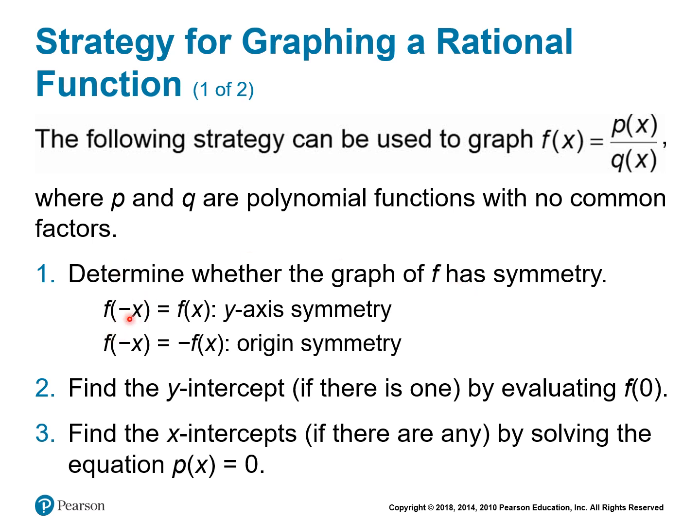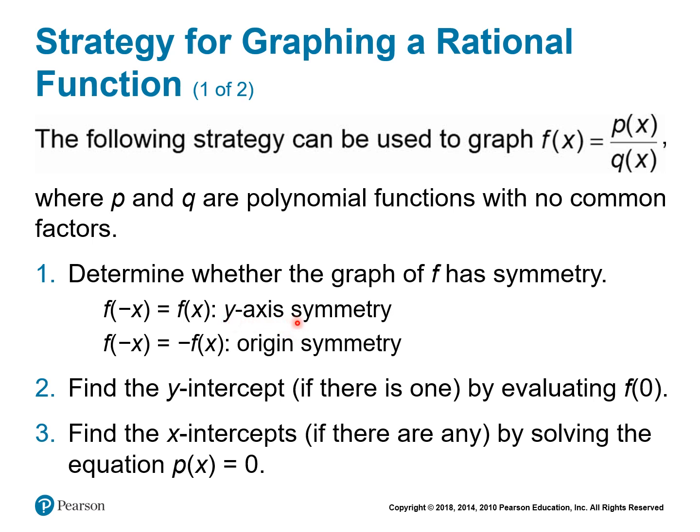How do we do that? We substitute negative x for x, and we test whether the y values remain the same or not. After substituting negative x into the function, if the function remains the same, that means there's no change from the original one, then it is an even function.